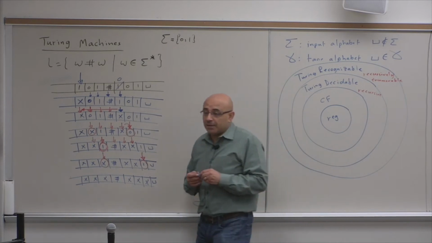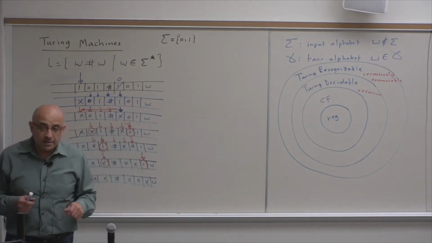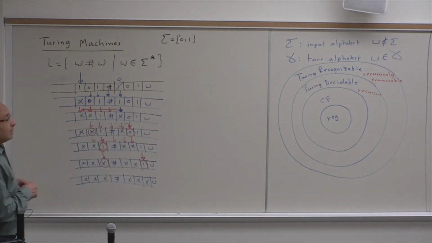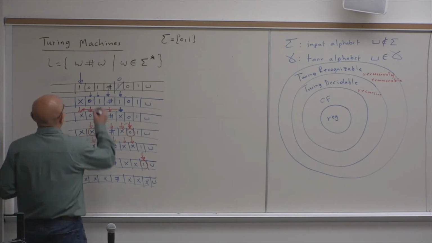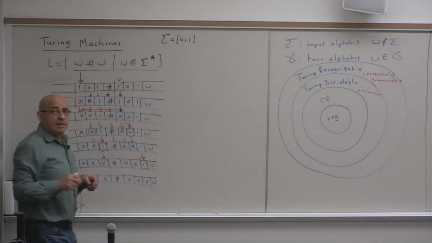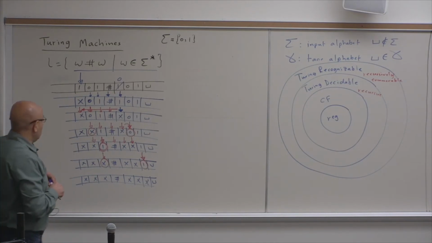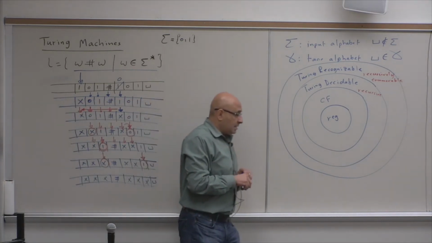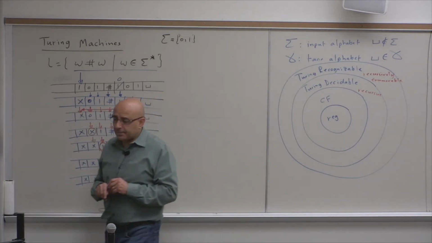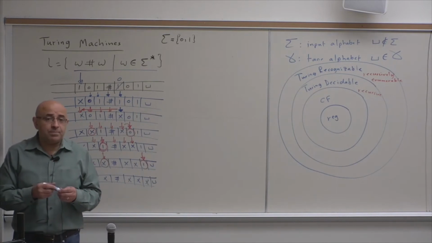It's a problem that can be decided by a Turing machine, or in fact it's a language that can be decided by a Turing machine. So yeah, this may look primitive.